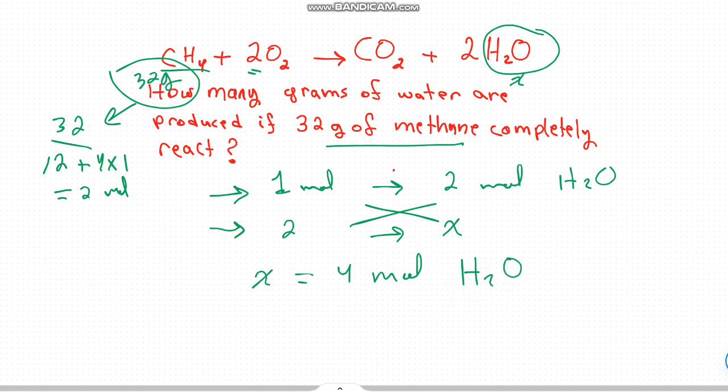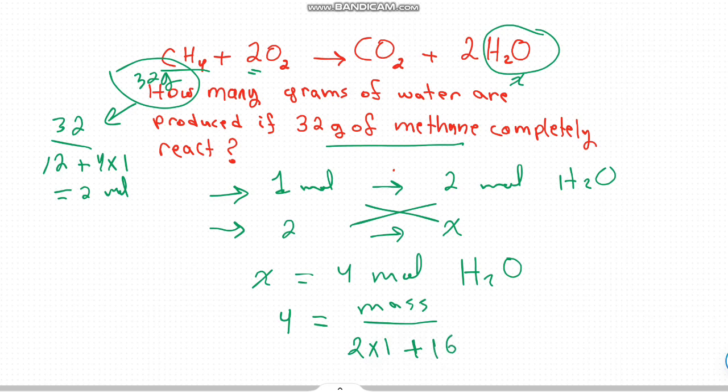But the question is asking how many grams of water. So this is easy. Again, mole equals mass over molar mass. You can write it directly. Mole 4 equals mass unknown divided by molar mass of water: 2 times hydrogen, so 2 times 1, plus oxygen is 16.